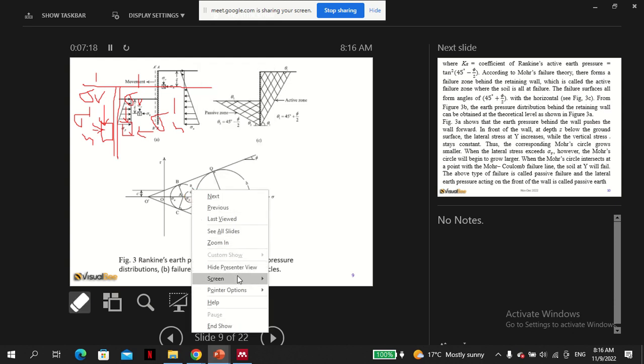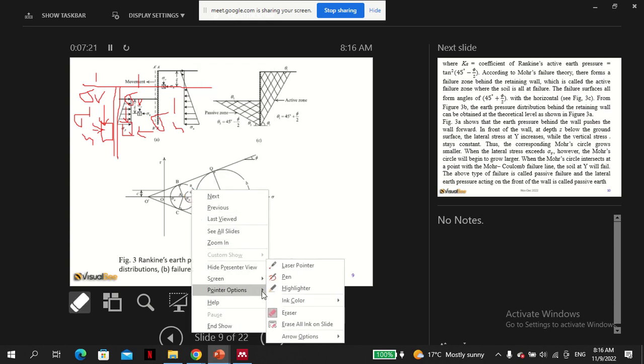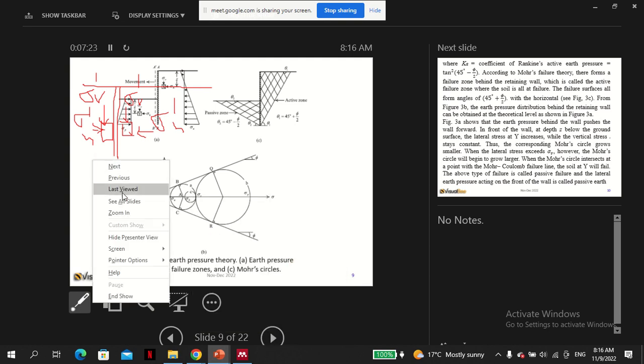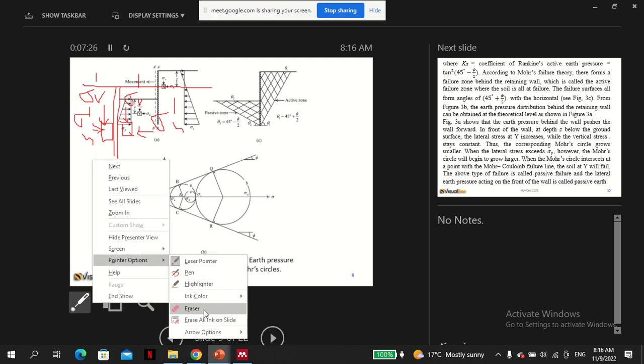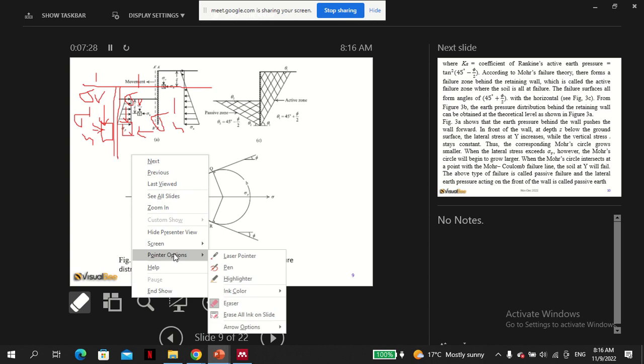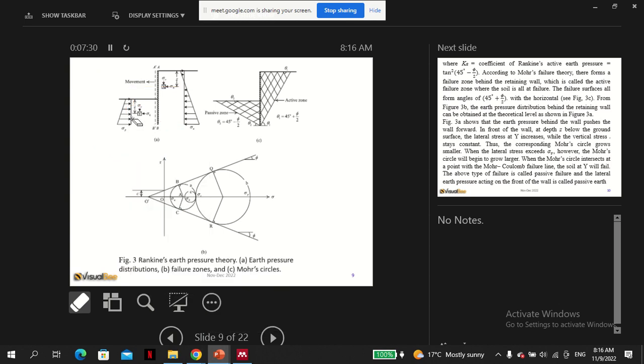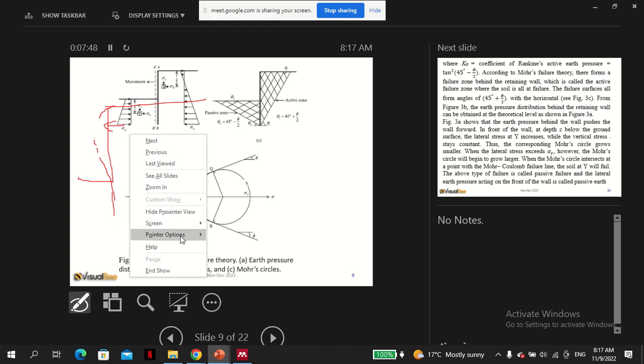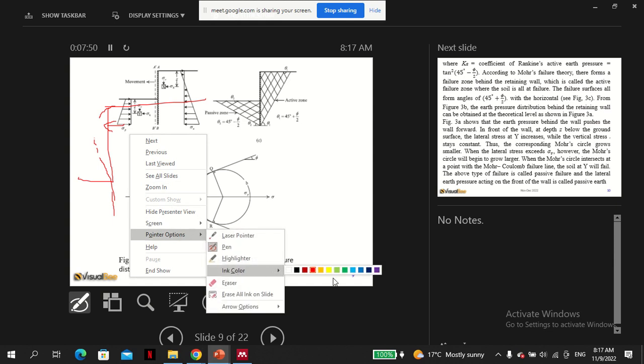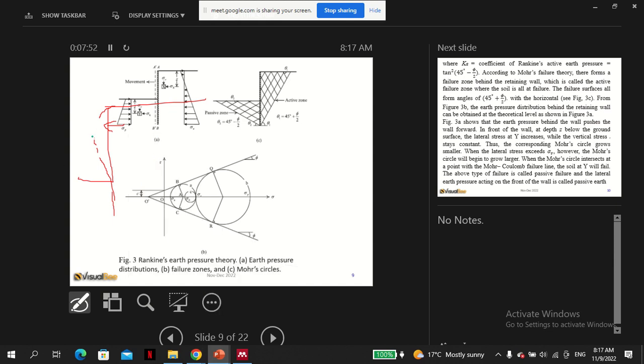Now when you have done the excavation, so I have to redraw. When you have done the excavation, the soil tries to squeeze away or push away the retaining wall.